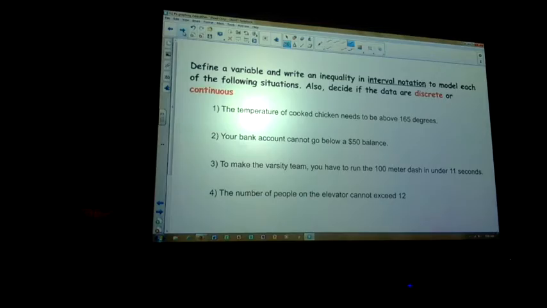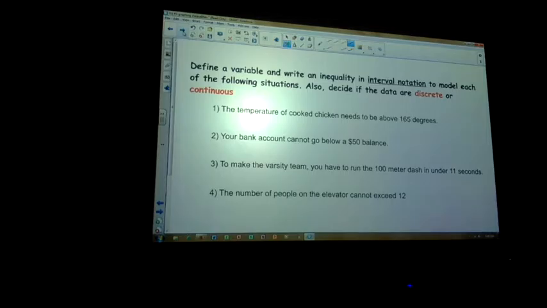Okay, define a variable and write an inequality in interval notation. For the following situation, also decide if the data are discrete or continuous. Continuous means goes forever. Discrete means it's in between two. The temperature of cooked chicken needs to be above 165 degrees.